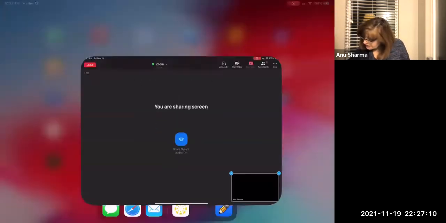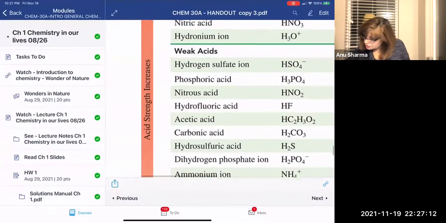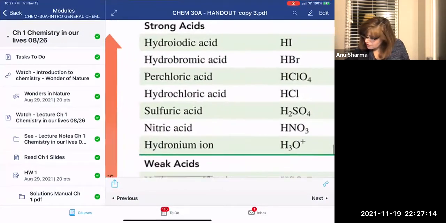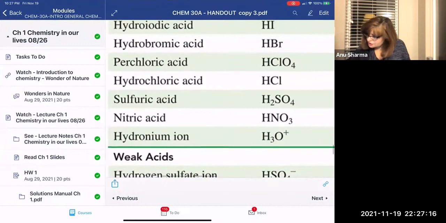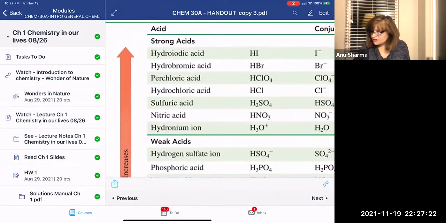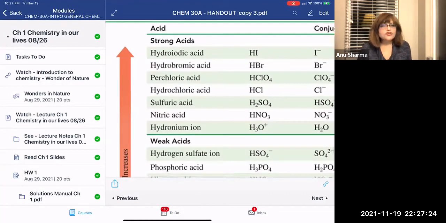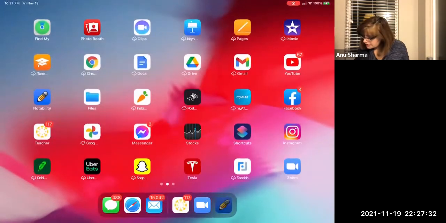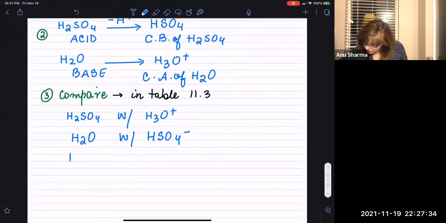Here we see H2SO4, sulfuric acid, is right on the top, and then hydronium ion is at the bottom. If you look at it, the strength arrow is moving up. So hydronium ion is lower than H2SO4. So H2SO4 is stronger.